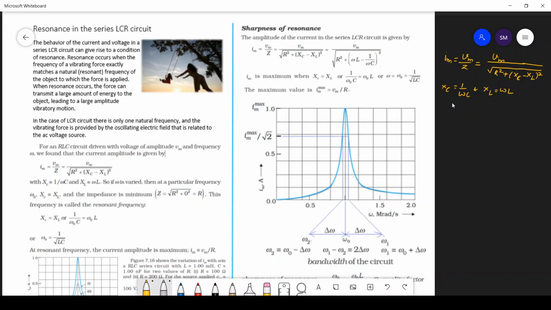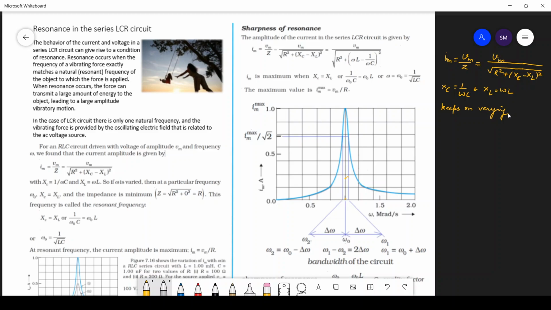So at the resonant frequency, suppose we keep on varying, or you can say increasing, the frequency. If you are here, it means you are increasing. If you are here, it means you are decreasing, moving towards this resonant frequency. This is the resonant frequency.